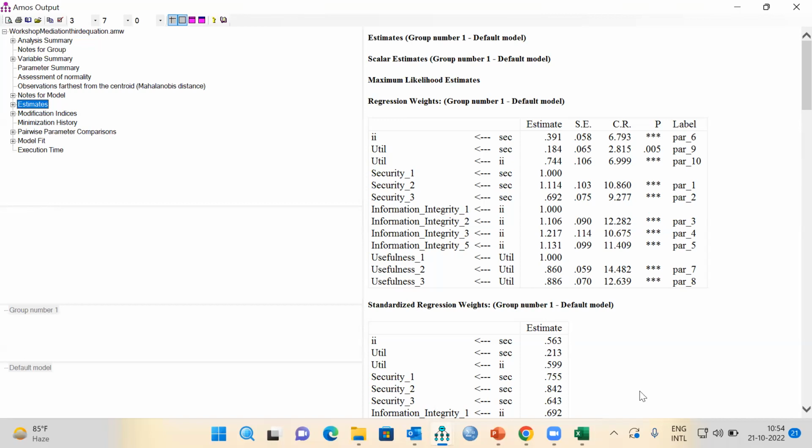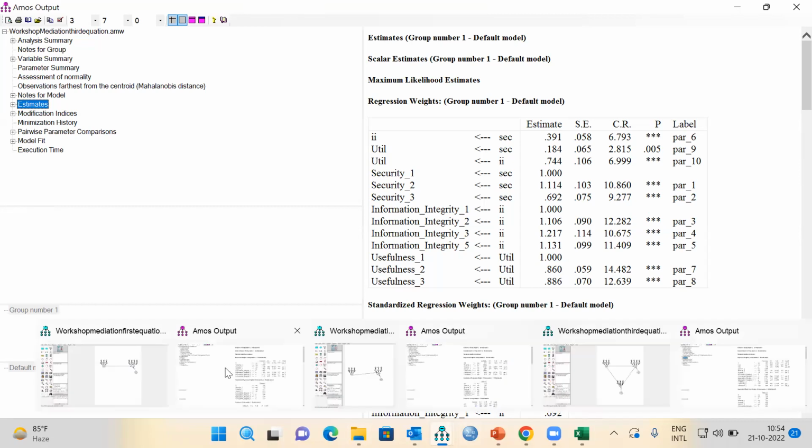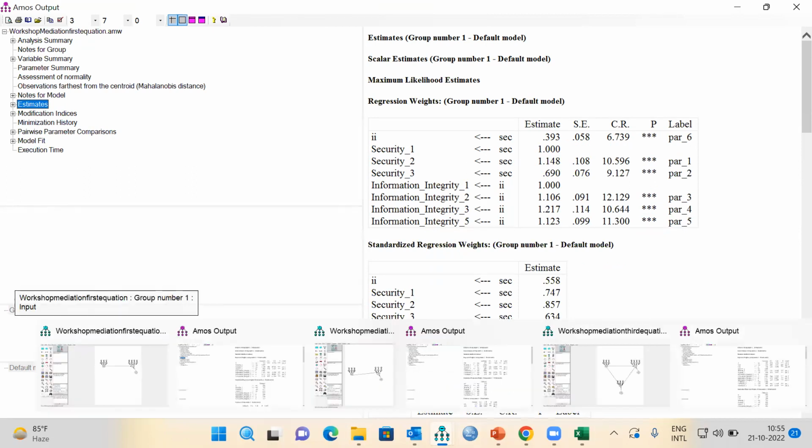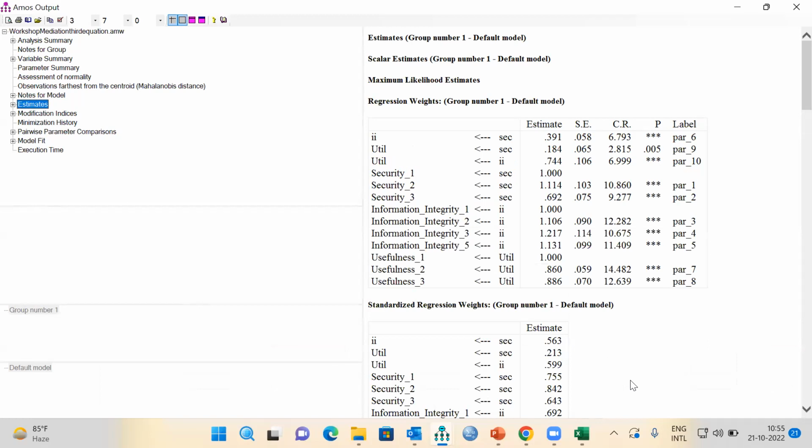If there was no mediation effect, then the first equation would not have been significant. Even if this path was significant, that is X to M, but in the third equation, when you are talking of the B part, that is M to Y, it is not significant, then it would have been a case of no mediation.